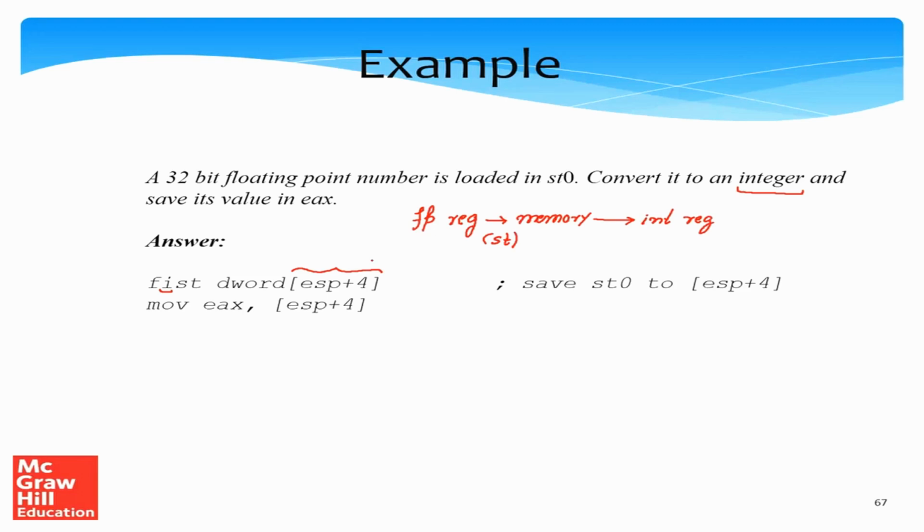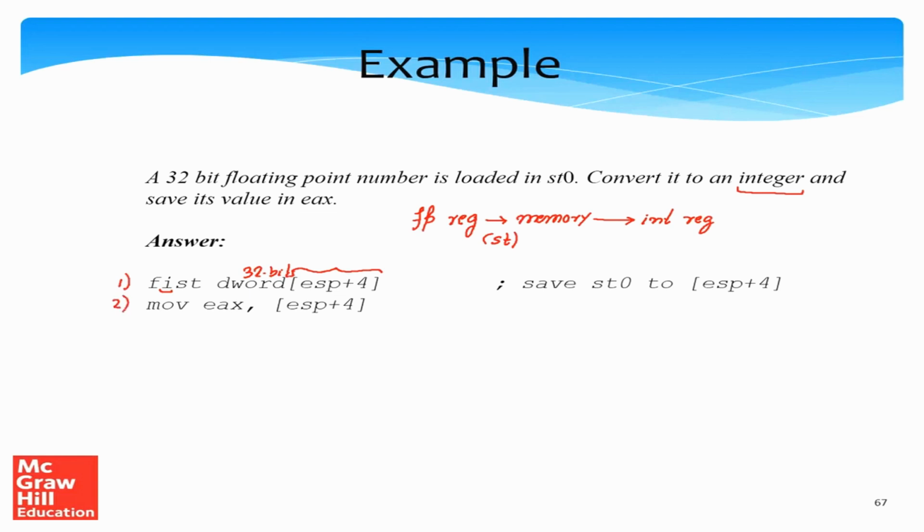So there we transfer a D word, or 32 bits, because it's a 32-bit floating point number. The contents of ST0 get written to this memory location. This is what the first statement achieves.